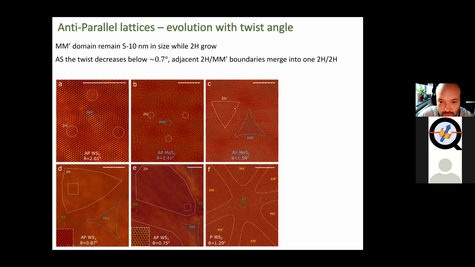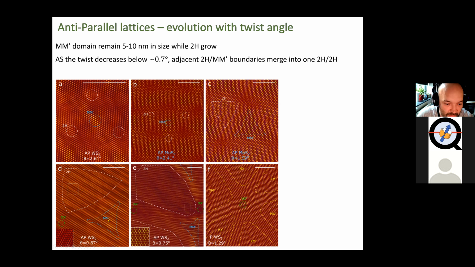Now, for the antiparallel configuration, because the 2H polytype was dominating energetically, as the twist angle decreases, you can see that it takes over the sample. So here it's already at 1.6 degrees, it's already encroaching onto the domain. And if you make the twist angle even smaller, it occupies a huge area, and the domain basically remains as a seed of this second, metastable phase.